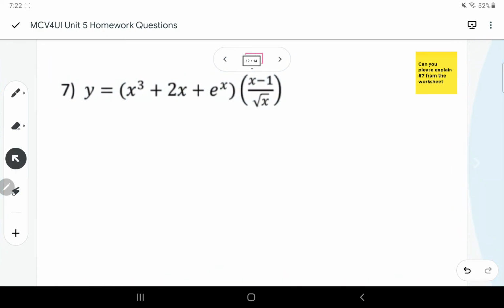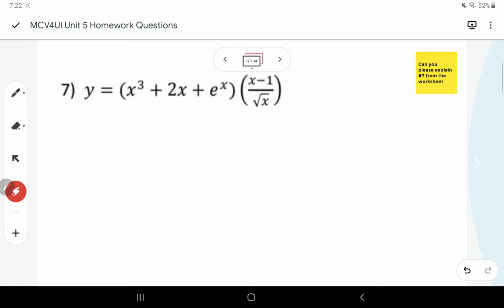Now this is looking at the worksheet. So here we have a product of two functions. So the bigger piece is that this is the product rule of those two functions. But when we do the derivative of this one, we're going to have a quotient rule when we do that derivative.